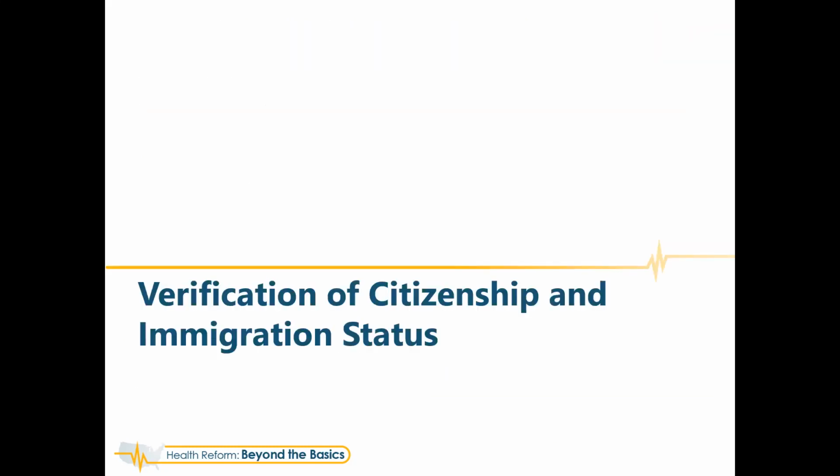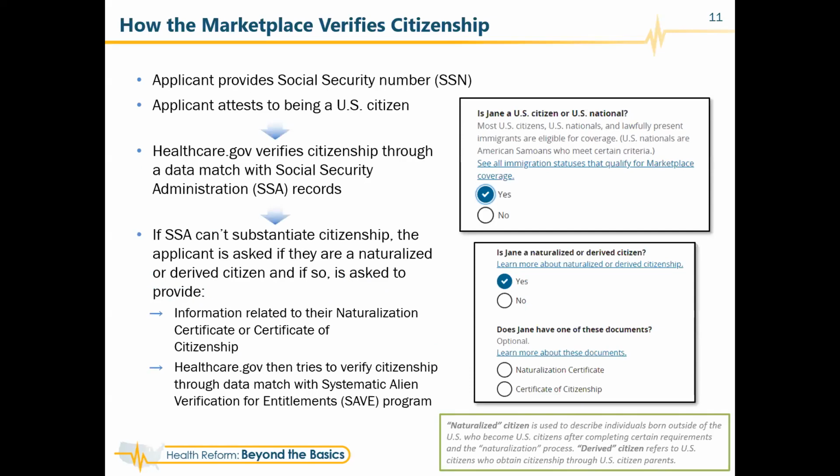So we're going to take a closer look at the verification of citizenship and immigration status. Healthcare.gov uses Social Security numbers for a variety of reasons in the application process. And one of those is that for people who are applying to get coverage for themselves and attest to being US citizens, that attestation of citizenship will be checked against records in the Social Security Administration.